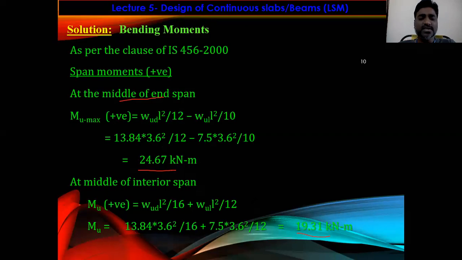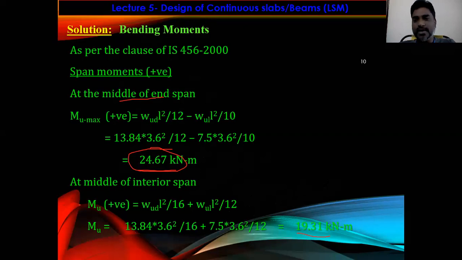So the difference between these two is very less, not more than 5 kNm. Therefore, I can provide the same reinforcement which I got corresponding to 24.7 kNm. The difference is less, that is why I am providing the same reinforcement.